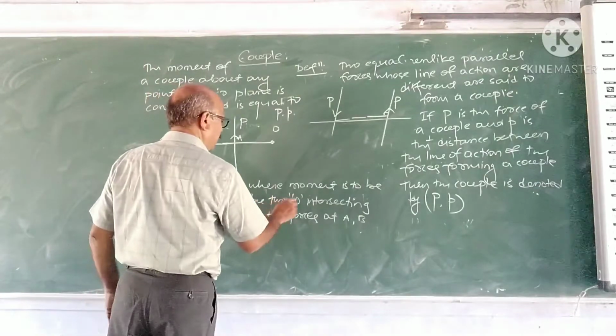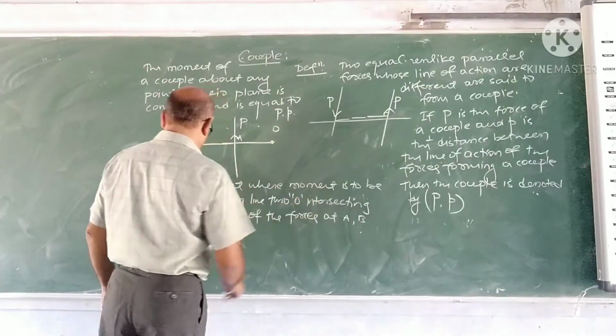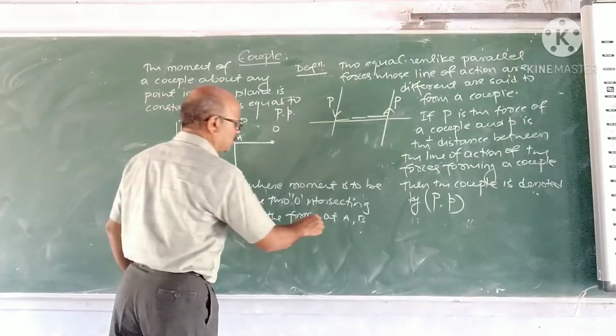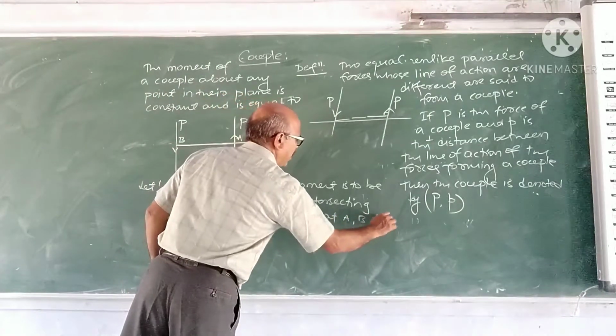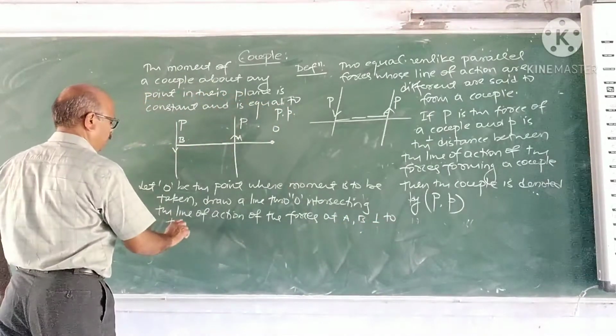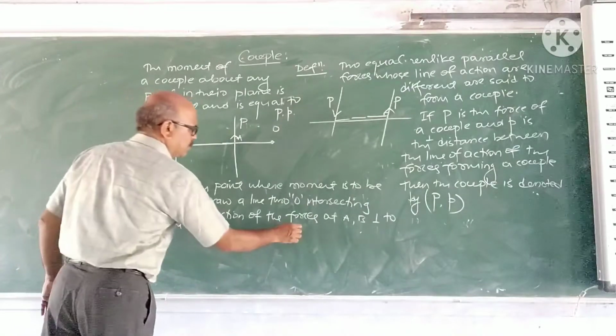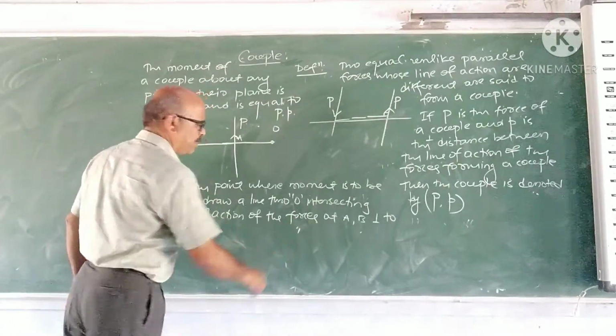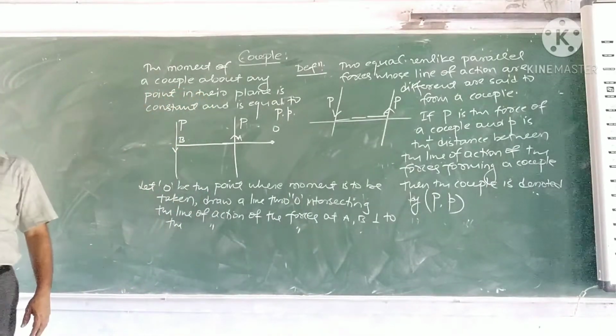Draw a line through O, intersecting the line of action of the forces at A and B, perpendicular to the line of action of the forces.